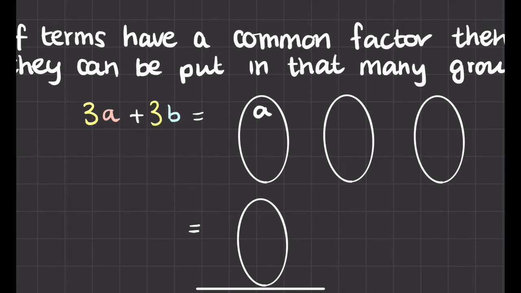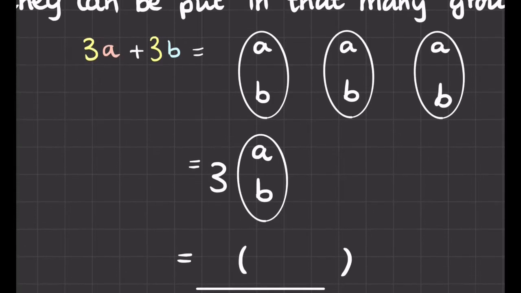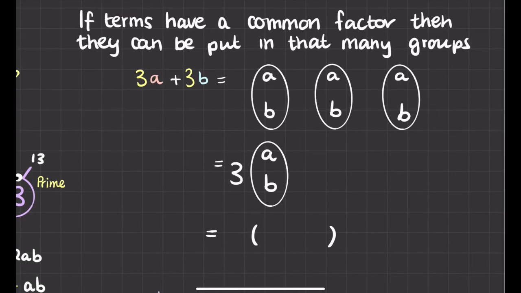So I could have 3 groups and put an a into each one of those groups. I could do the same with the b's. I've got 3 b's there, so I could have 3 groups, each with a b in them. So in total, I've actually got 3 groups of a and b.